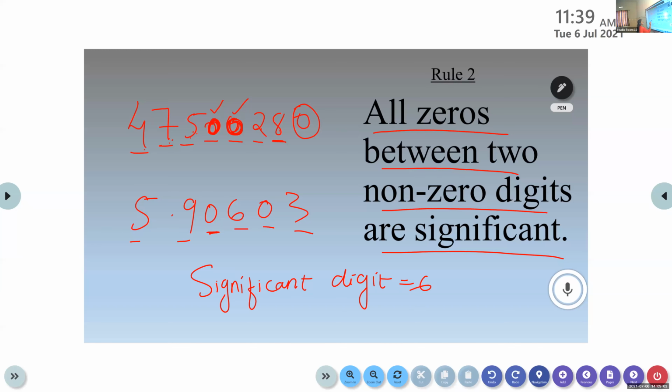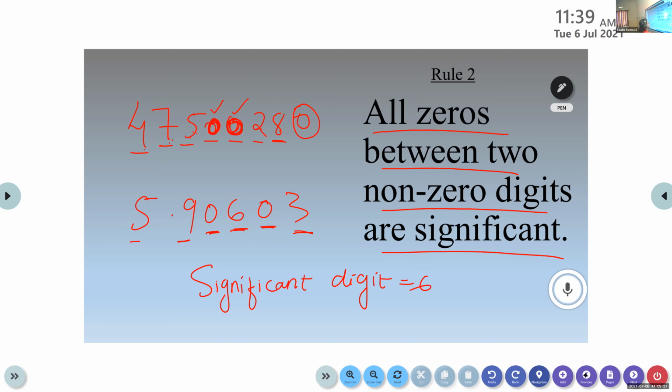Because this 0 is between two non-zero digits 9 and 6. Here also this 0 is between two non-zero digits 6 and 3. So here we need to consider all the digits, so it is equal to 6. Is it clear? So here we discussed the first two rules to find out the significant digits in a measured value.